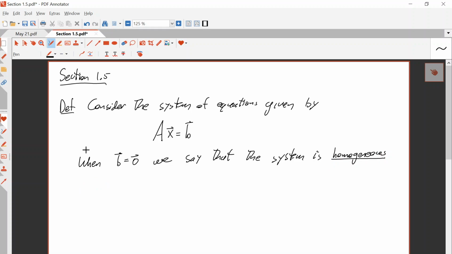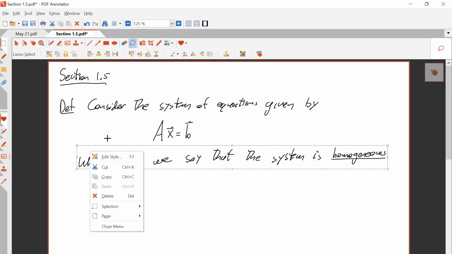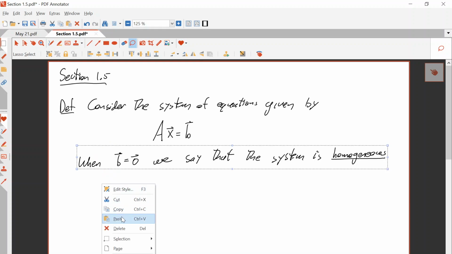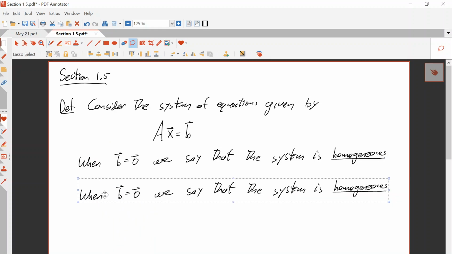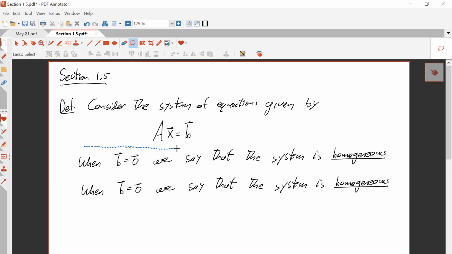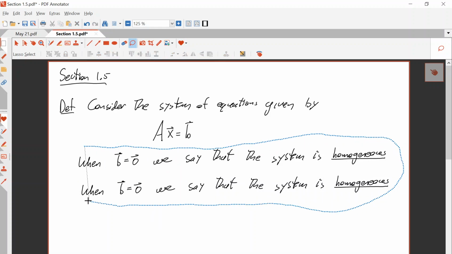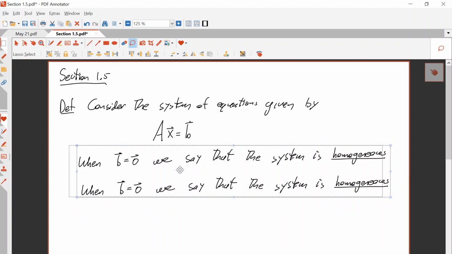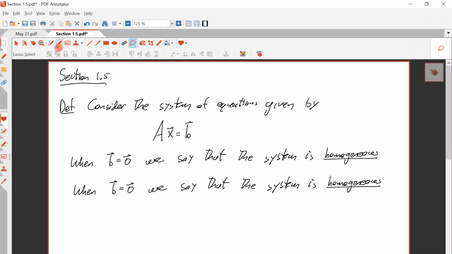And when b is not zero, we say the system is non-homogeneous.